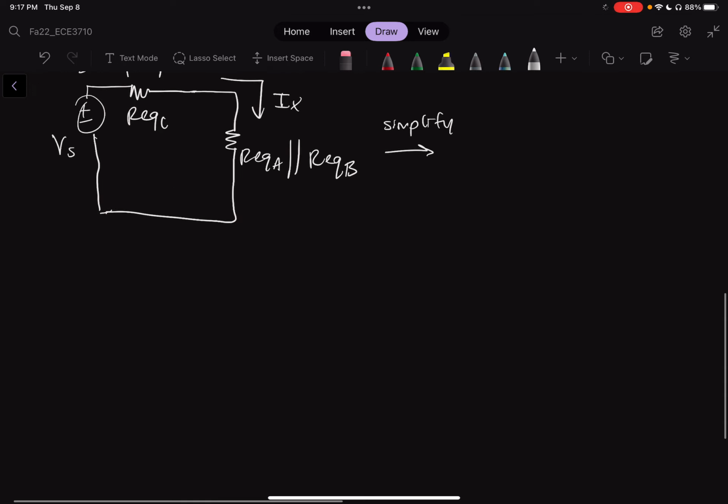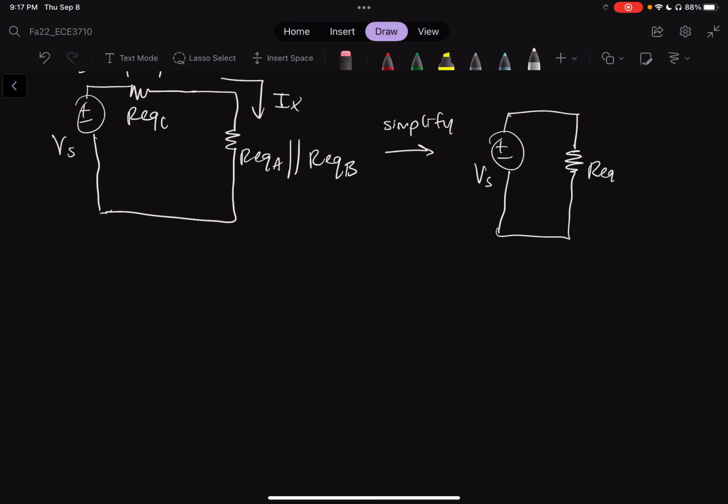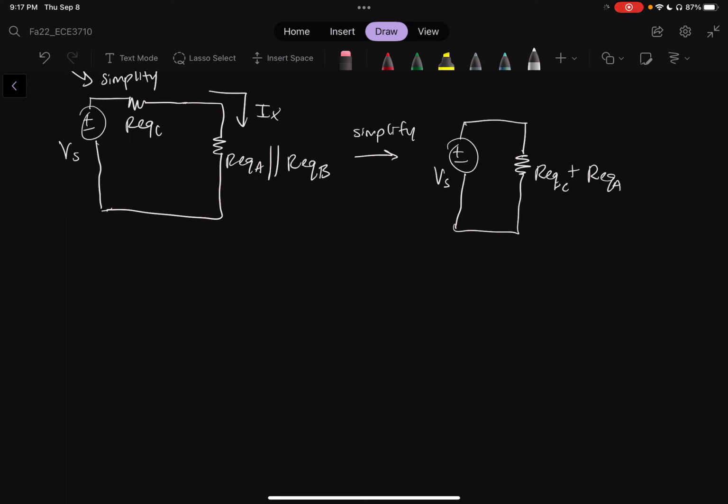And we could take it one step further. This is VS. This is R equivalent C plus R equivalent A parallel to R equivalent B. This is IX. Using Ohm's law, we can find out what IX is.